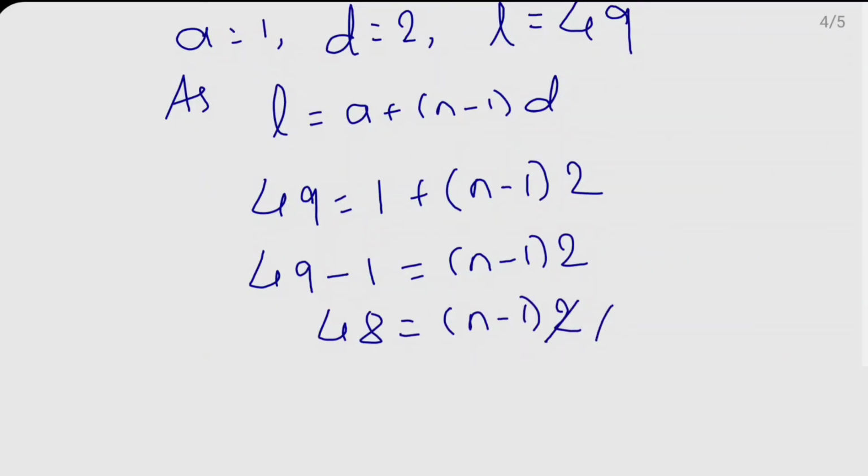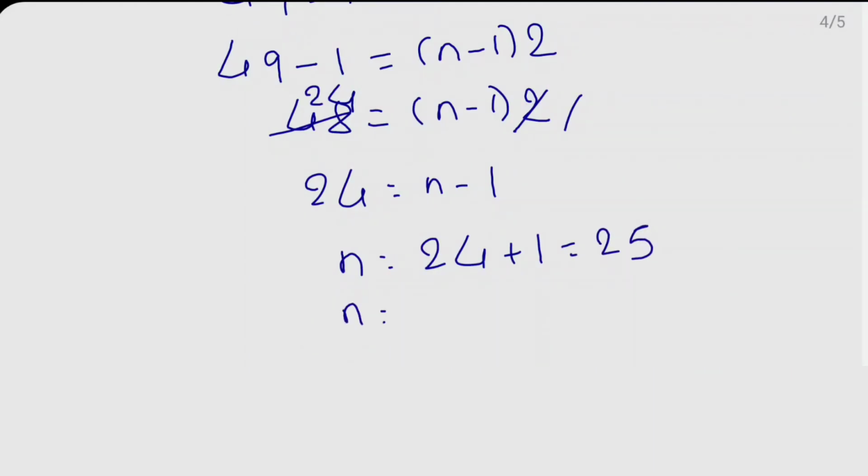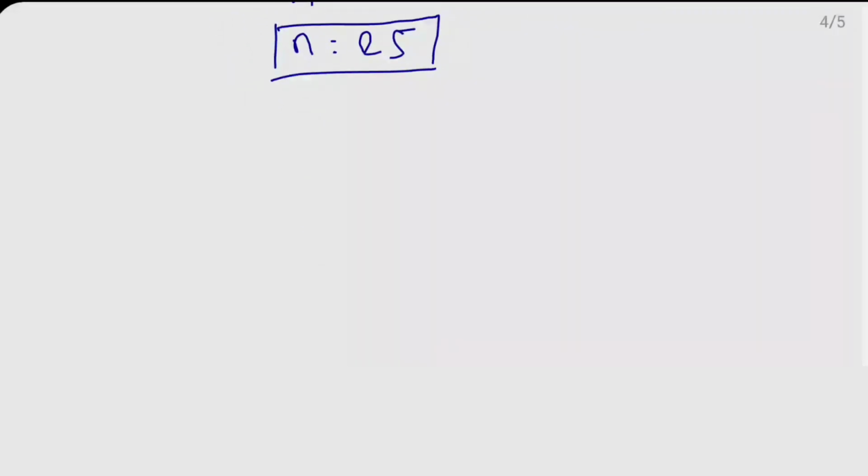So 2 ones are 2, 24 is 48, right? So now remaining term here 24 equal to n minus 1. So n equal to 24 plus 1. So here 25. So n is 25. Is it clear? And here we want to find out the sum of n terms.